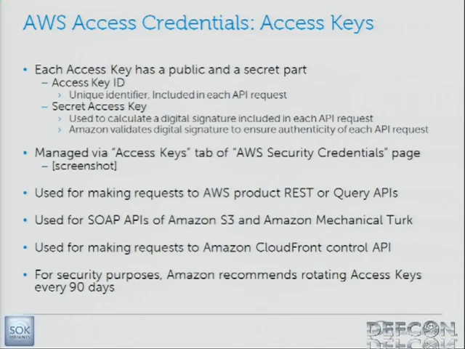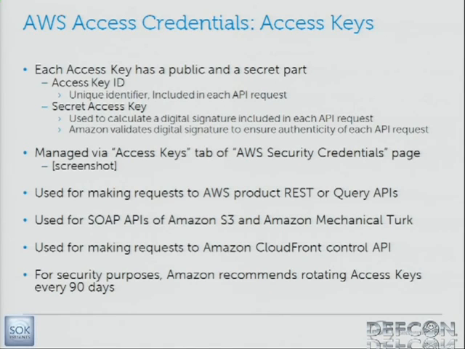It's a little bit analogous to certificates, but there are certificates in play as well. We'll talk about those. But your access key ID also has a secret access key. And what you use that for are authenticated web services APIs, like SOAP APIs to use Simple Storage Service, or Amazon's Mechanical Turk, which is essentially a service where you can get real human beings to do your bidding for pennies per request.